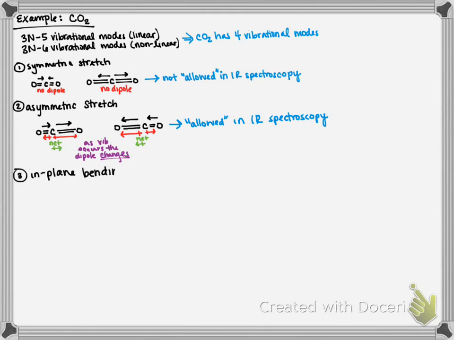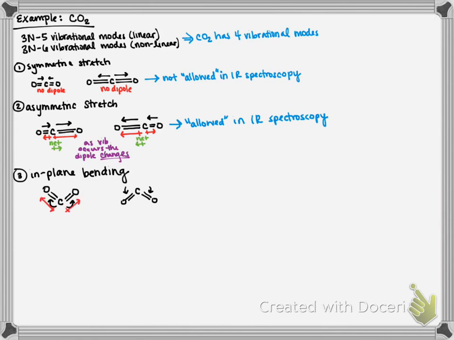Another motion that carbon dioxide can have is the in-plane bending mode. Here we might think about carbon sitting still and the two oxygens bending up away from the carbon, or bending back down, also away from the carbon and towards one another. You can think about them sort of like a bird flapping its wings maybe, right? So the oxygens would be the wings. All right. So here if we think about the dipole for each of these cases, again, we'll start on the left. The oxygens are the same distance away from carbon, and they're both pulling equally on carbon's electrons.